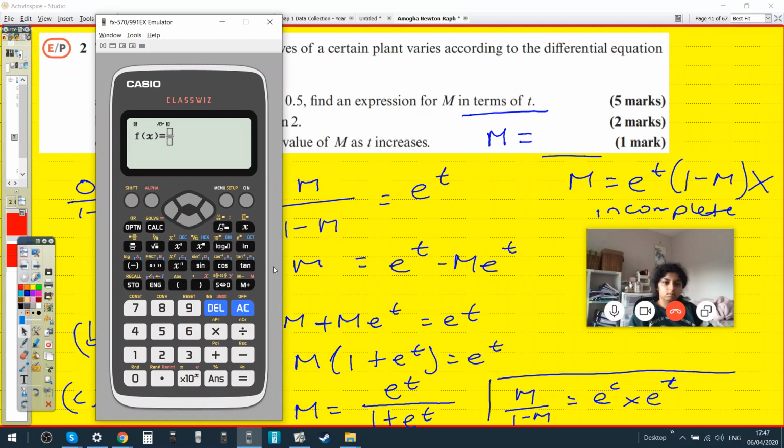Let's shift e to the x over 1 plus e to the x. Same stuff. And it approaches 1. Yeah, so it approaches 1 but never touches it. Oh, there you go. It approaches 1.